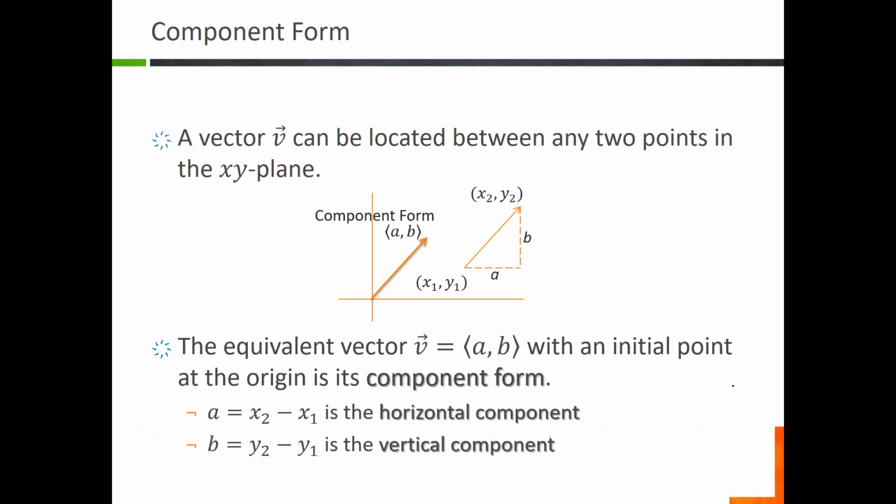But it's helpful to have it starting at the origin. That tells me how far horizontally the vector is stretching, and how high or how low vertically it's stretching. Now, to find the horizontal component, you just subtract your x values, x2 minus x1, and to find the vertical component, we subtract the y coordinates, so y2 minus y1.